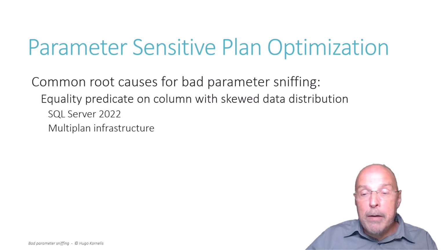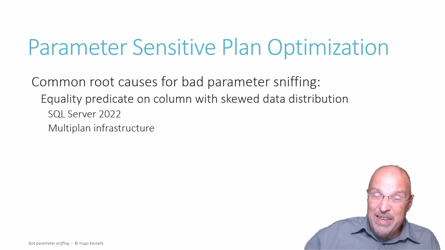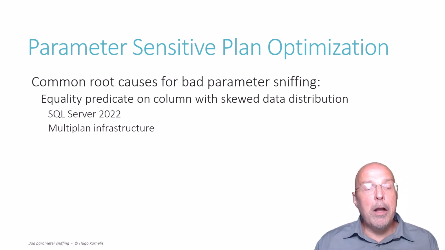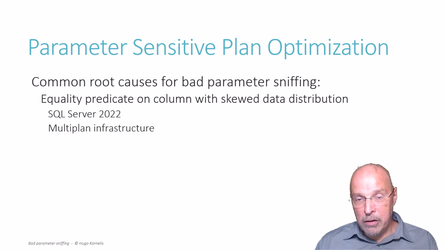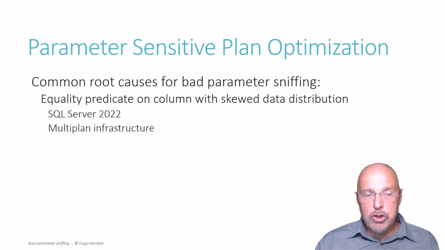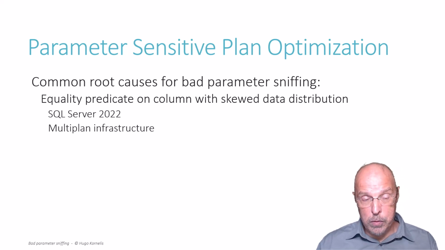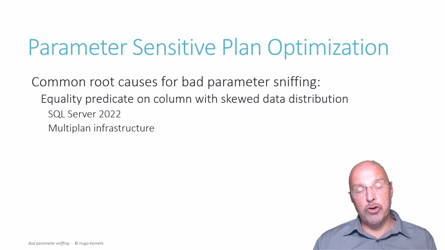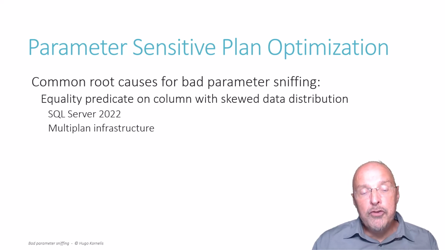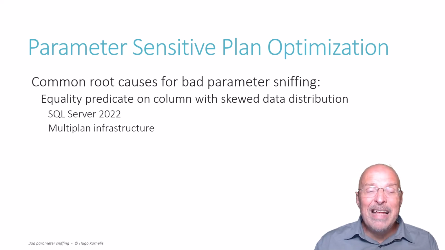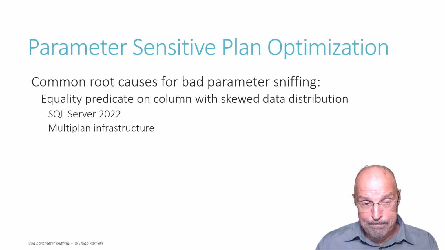Over time, there may be recompilations that result in different execution plans, but at a given time, a query is always associated with one execution plan. In SQL Server 2022, that stops being true. The multi-plan infrastructure allows SQL Server to associate a single query with multiple execution plans at the same time.